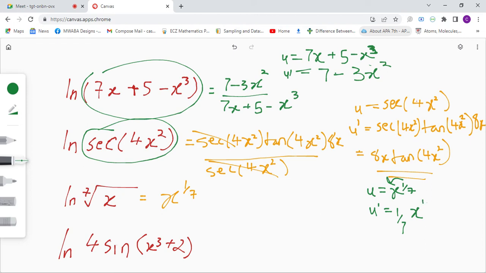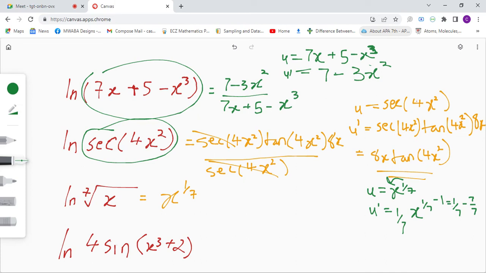Then we're going to say 1 over 7 minus 1. Whenever you are dealing with fractions and you're adding or subtracting by 1, 1 over 7 minus 1 is the same as saying 1 over 7 minus 7 over 7. 1 minus 7, that's negative 6.